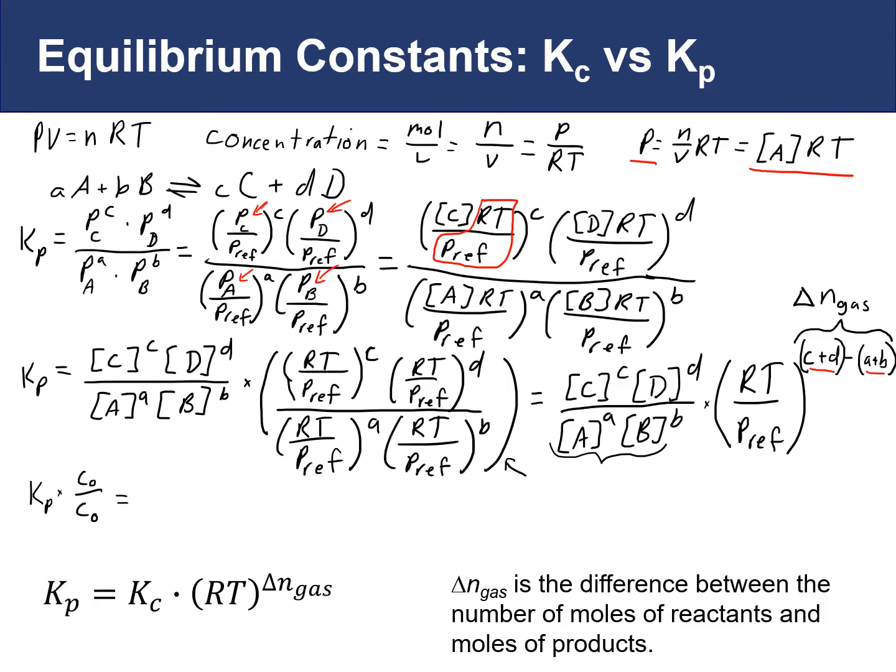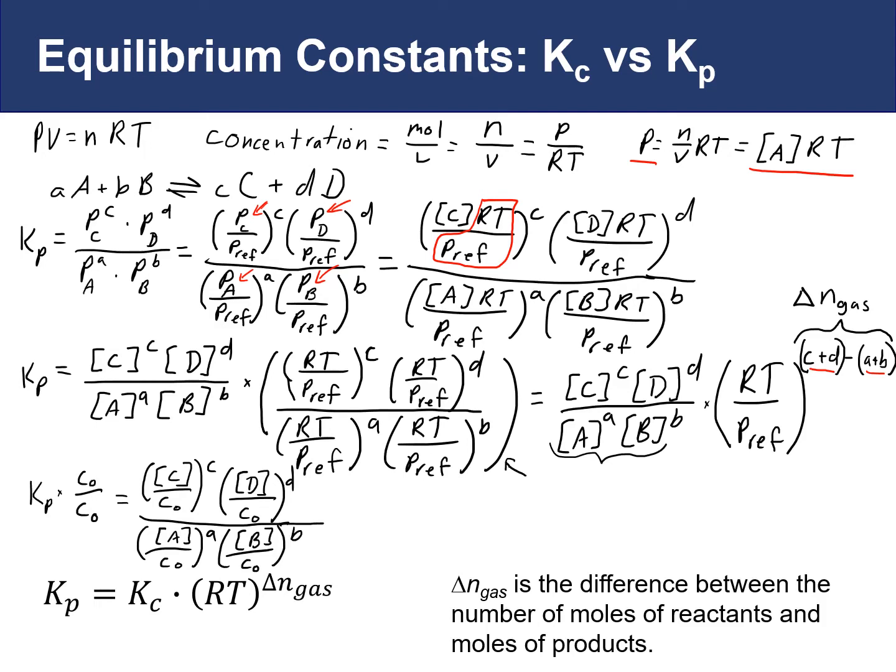This will give us concentration of C over C0 raised to the C times the concentration of D over C0 raised to the D divided by the concentration of A over C0 raised to the A times the concentration of B over C0 raised to the B.